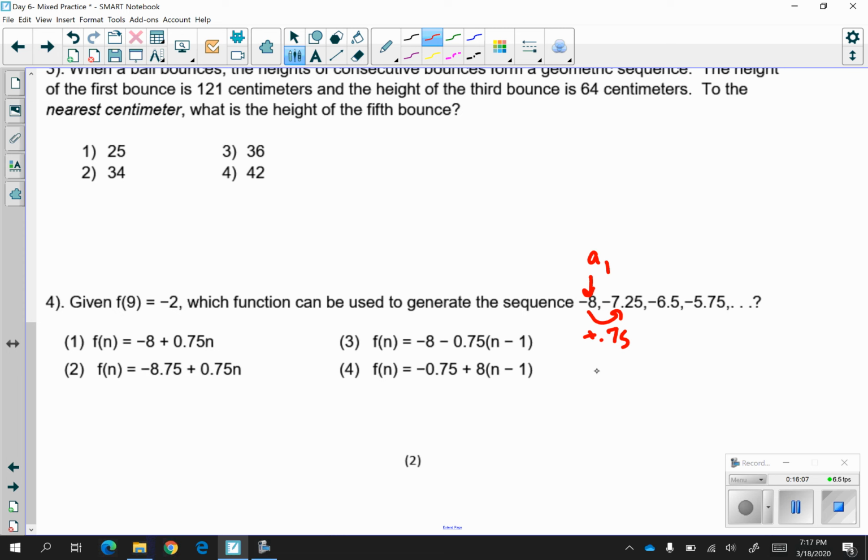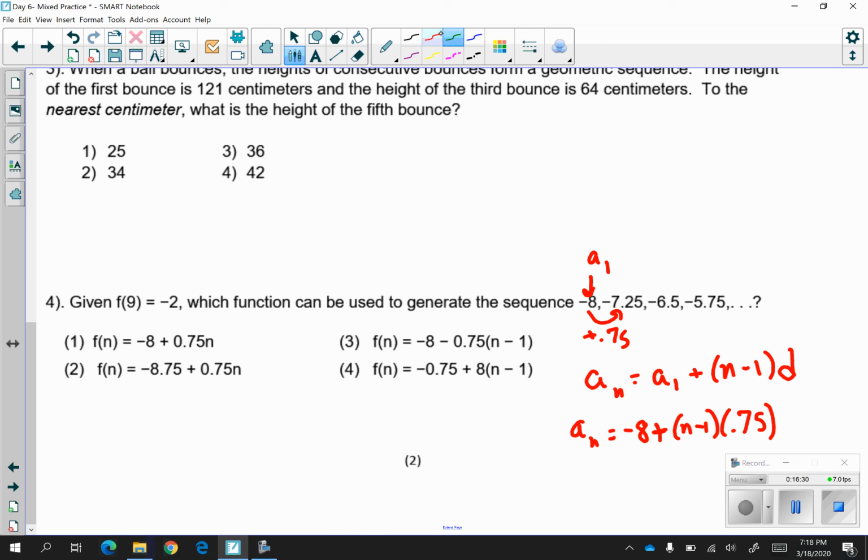You can use your arithmetic explicit formula, which is a sub n equals a sub 1 plus n minus 1 times d. Our first term is -8. And our common difference is 0.75.